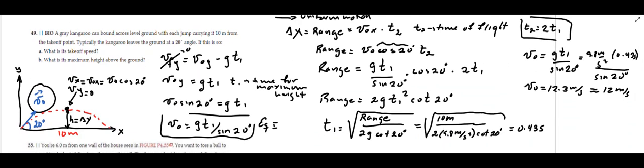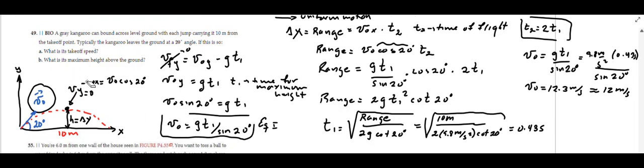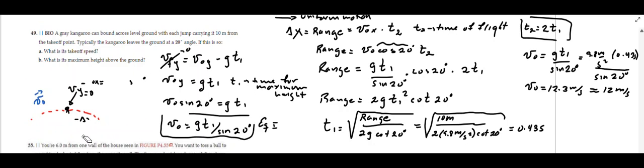Let me then just erase this part over here to the left to have a space to solve it. So we want to find delta y, so the maximum height.